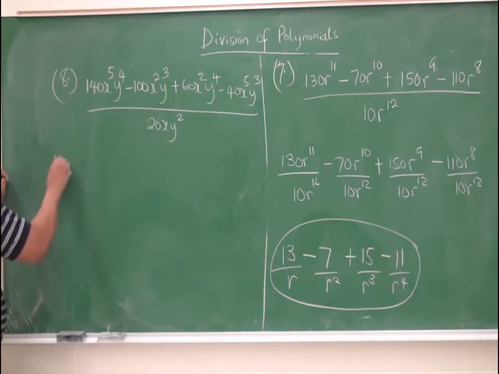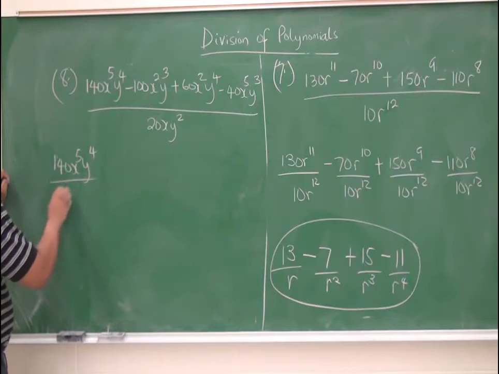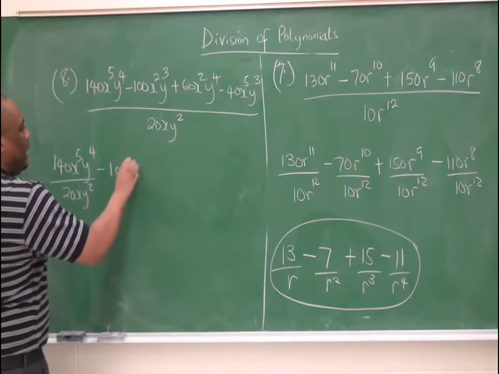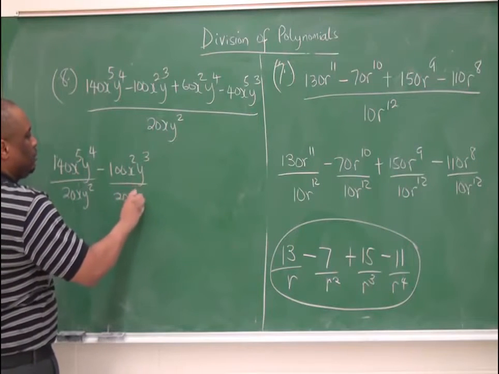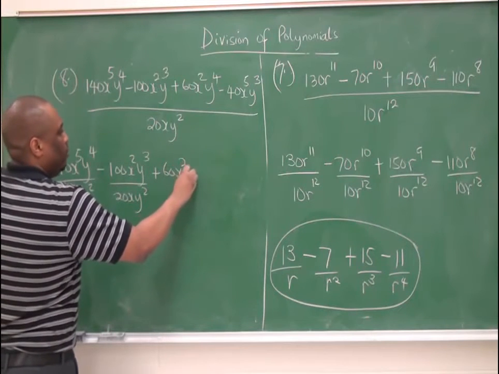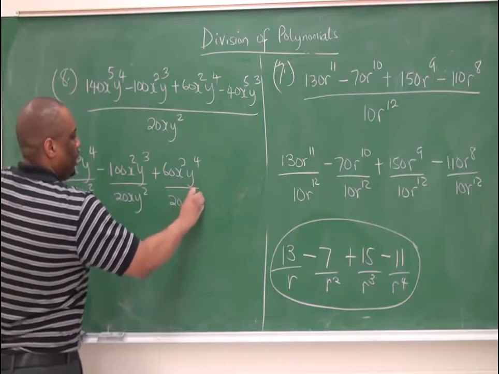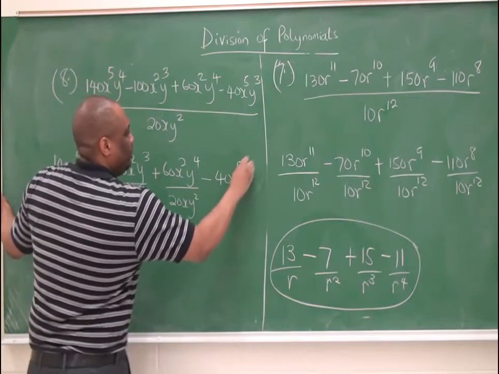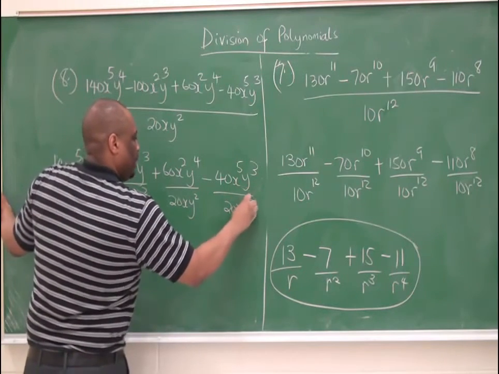So we still do what we've been doing: 140x^5y^4 over 20xy^2 minus 100x^2y^3 over 20xy^2 plus 60x^2y^4 over 20xy^2 minus 40x^5y^3 over 20xy^2.